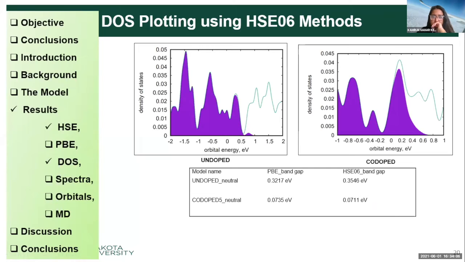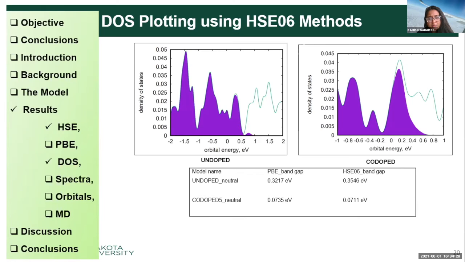Okay, so this one, I plot density of state. The previous one I plotted using the PBE functional, and after that we plot this one for the hybrid functional method.